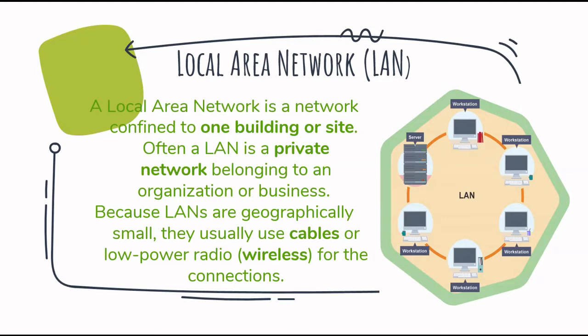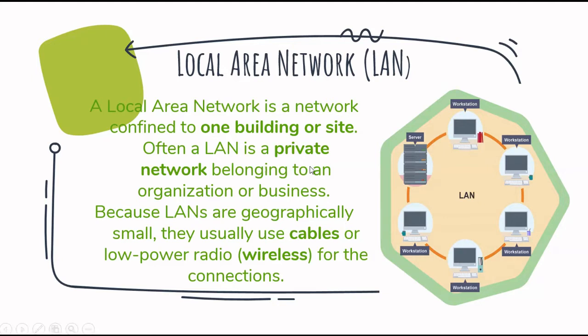The first type of network you have based on the size is the LAN, or the local area network. As you can see, a LAN is a network within a building or within one particular site. It may have a server and some workstations connected to it, and that's all. This is the simplest and smallest network.